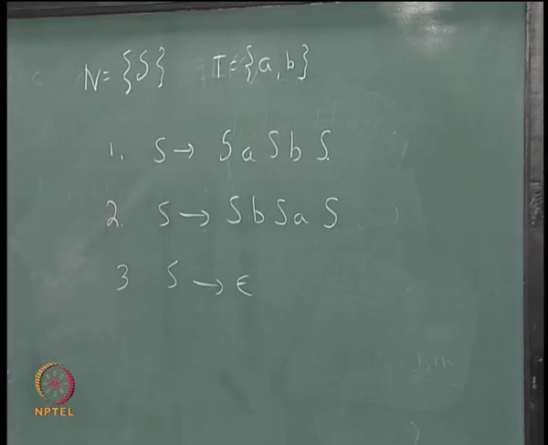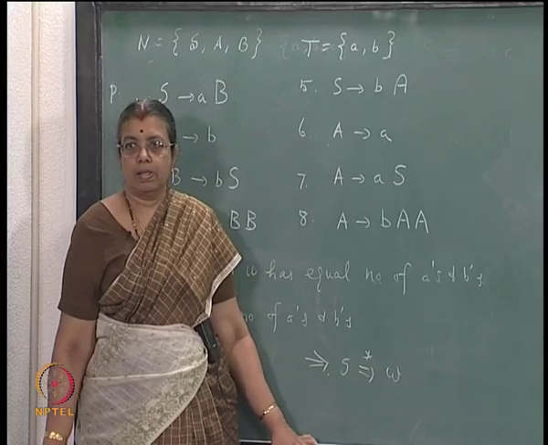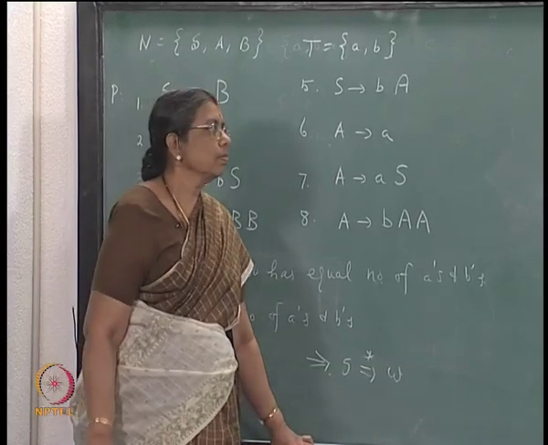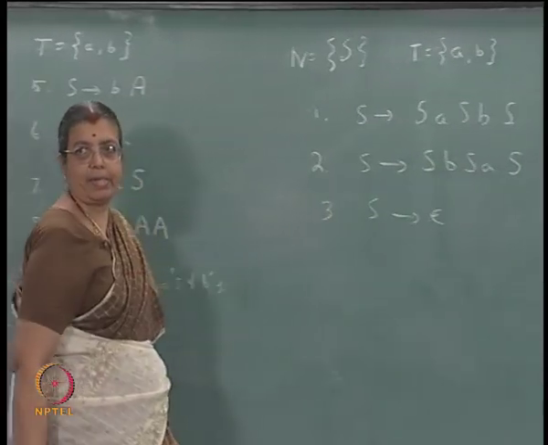The set of productions consists of these 3. Here the empty string can be generated, okay.